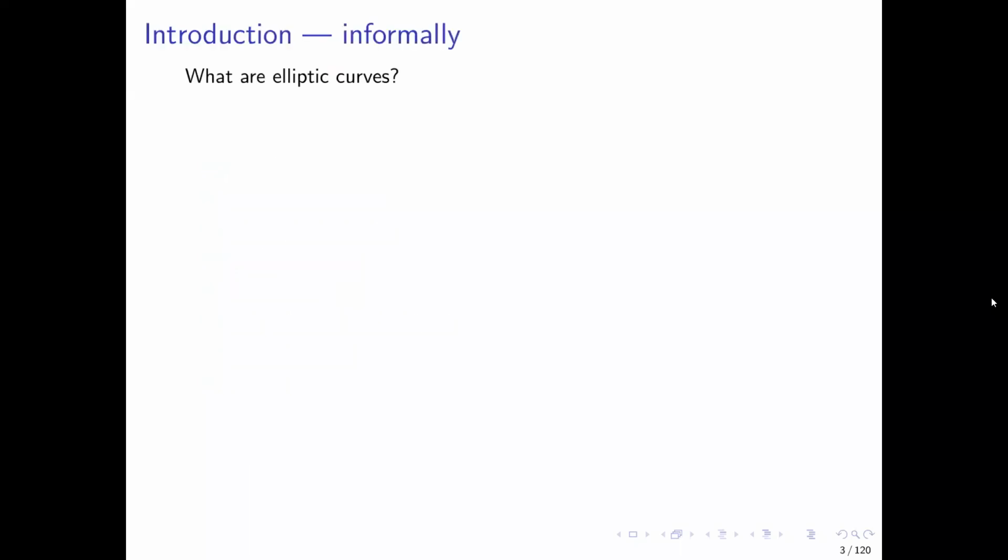So what are elliptic curves? Essentially, it's a curve. You have a polynomial equation in y and x, and you have some fixed constants a and b in some ring or some field. And a curve is just the set of all solutions to a polynomial equation like that. What does it look like?